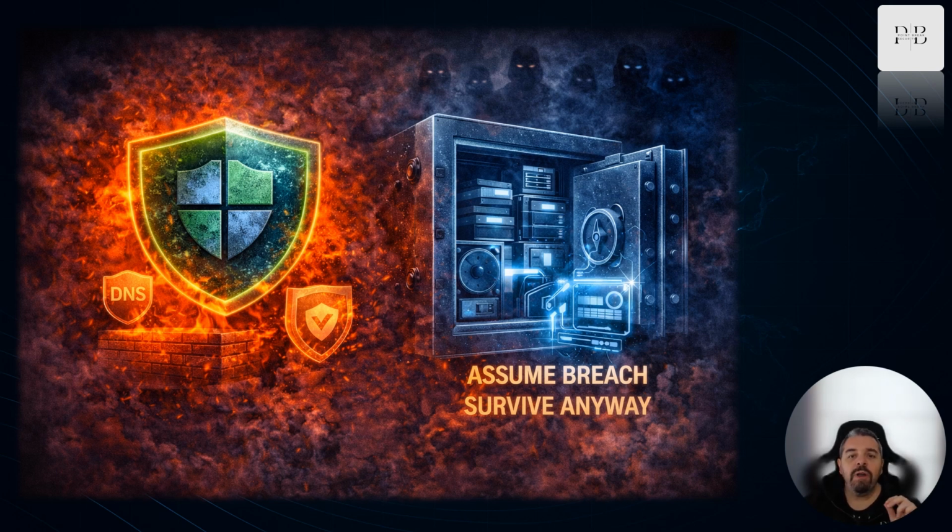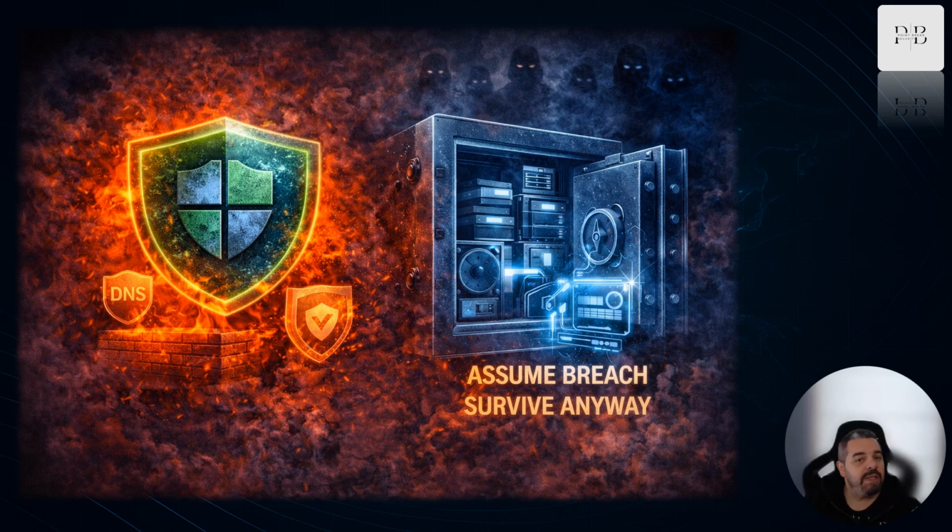Modern ransomware groups explicitly target backups. If your backups are online and writable, they are not backups. DNS filtering stops command and control early. Firewall discipline limits blast radius. Offline backups survive encryption. System images turn disaster into convenience.